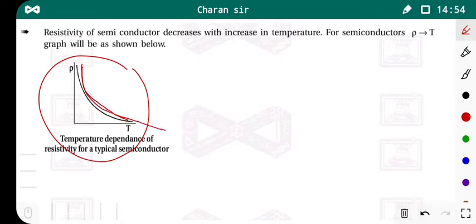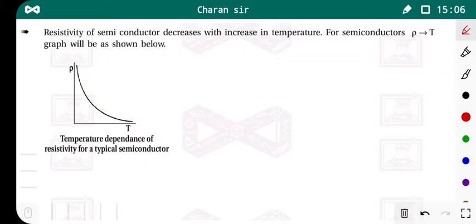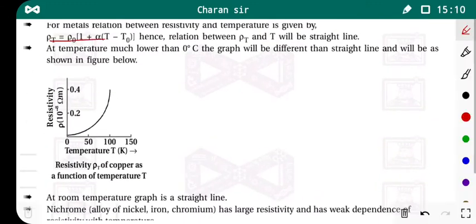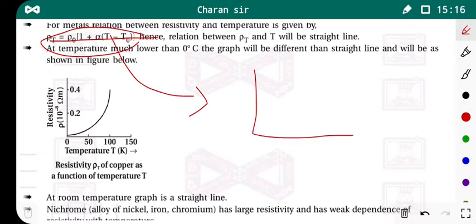Is it okay? So this is the discussion about the resistivity versus temperature graph for metals, alloys and semiconductors. For metals, this is given by this equation, and this equation is a straight line equation. So for metals you get the resistivity versus temperature graph that is a straight line.